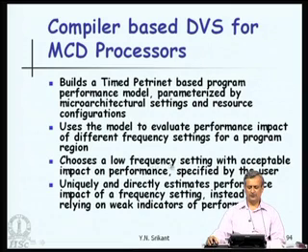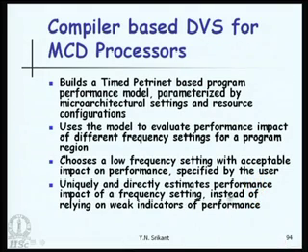So, we choose a low frequency setting with acceptable impact on performance, and this impact can be specified by the user. The advantage of this particular scheme is that it directly estimates the performance impact of a lower frequency setting instead of relying on weak indicators of performance. Directly, we simulate for a certain duration and measure the performance.